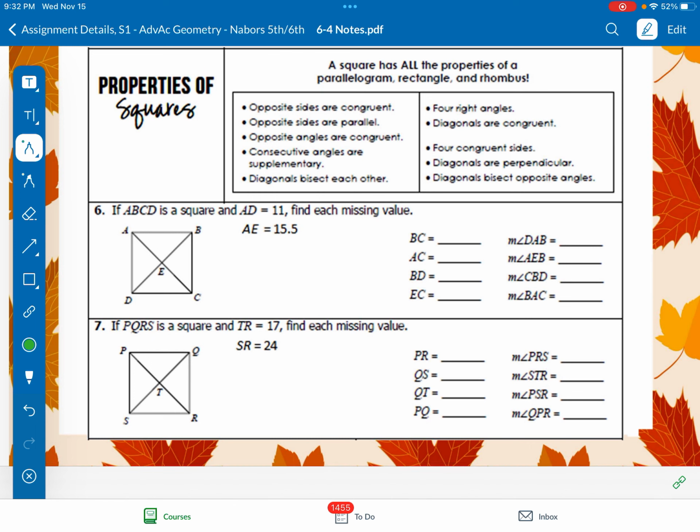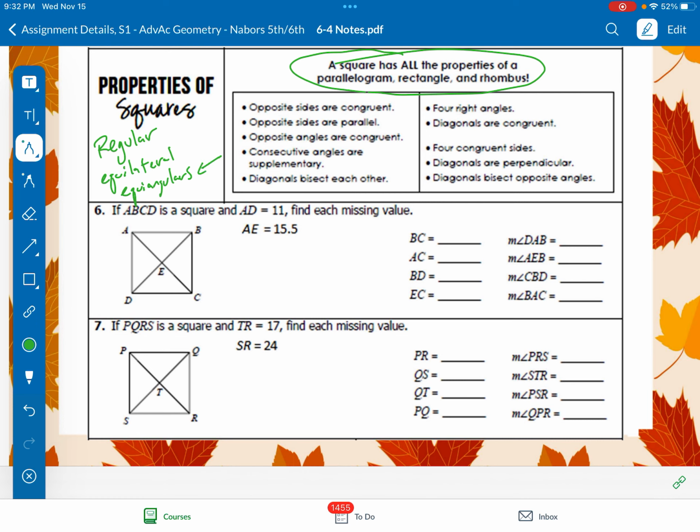Well, a square has literally everything we've talked about. It is a regular polygon. This is not listed, right? But regular means equilateral and equiangular. So all the angles and all the sides are equal, which means it's a rectangle because it's equiangular.